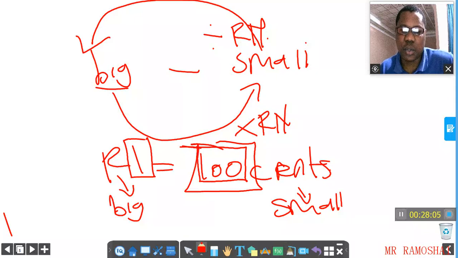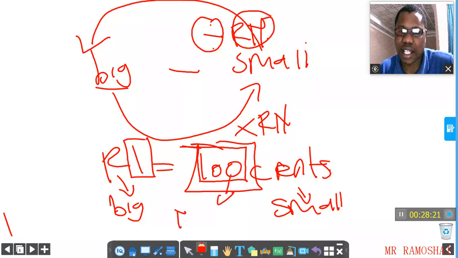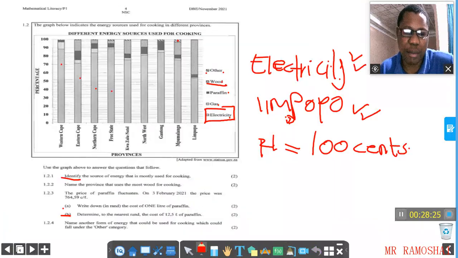Right? So now it means we are moving from a small unit to a bigger unit. What do we do? We divide. We divide by what? By the relationship number. Now someone asks, what is the relationship number between rands and cents? It is 100. Are we clear? So let's go back.